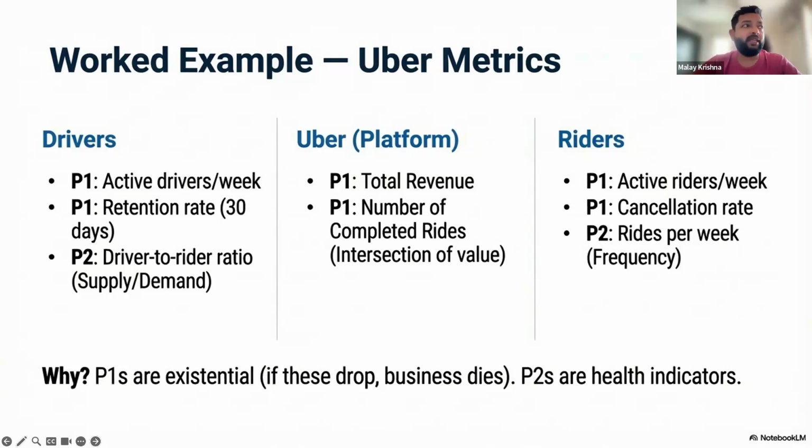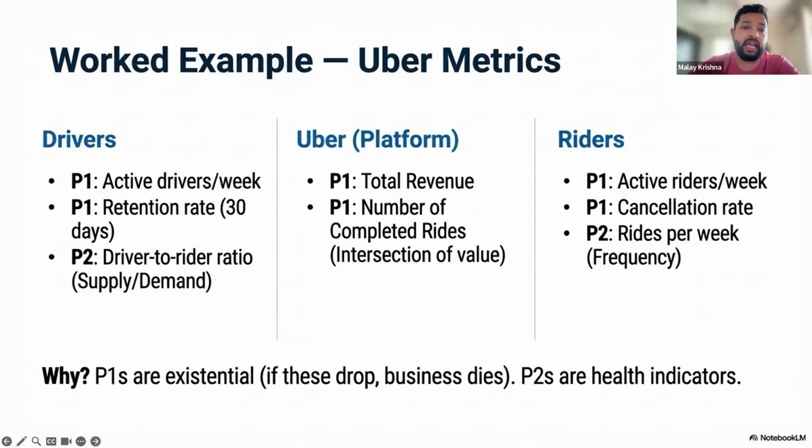For example, the flow for the rider is sign up, enter destination, choose ride type, wait for match. Number of people signing up, average number of people putting a destination after signing up, and so on and so forth. Everywhere in this journey I can actually measure, and the conversion from one step to the next step is what will tell me how the business is doing.